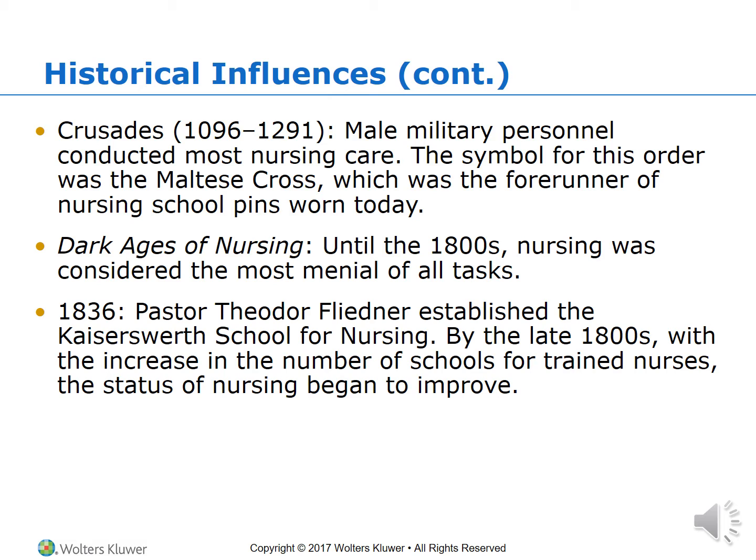And then in 1836, Pastor Theodore Fliedner established the Kaiserswerth School of Nursing, one of the first formally established schools of nursing in the world. And by the late 1800s, with the increase in the number of schools for trained nurses, the status of nursing began to improve.